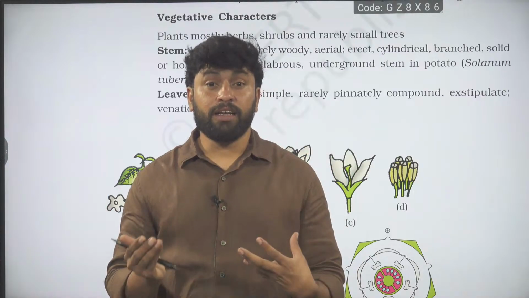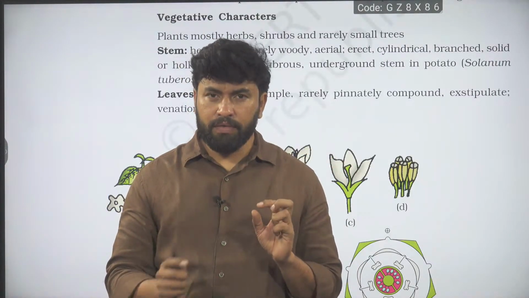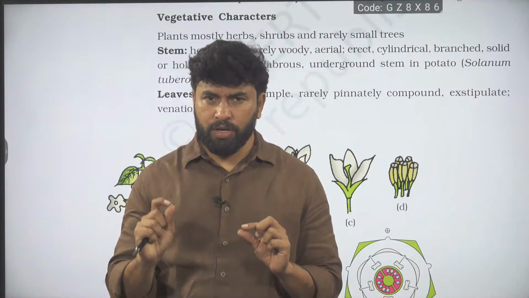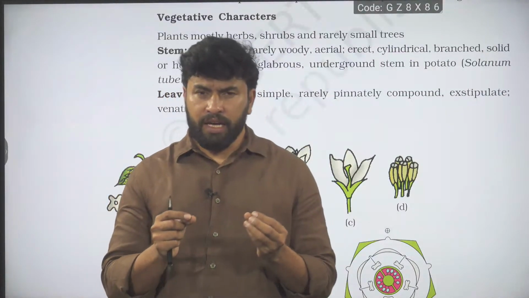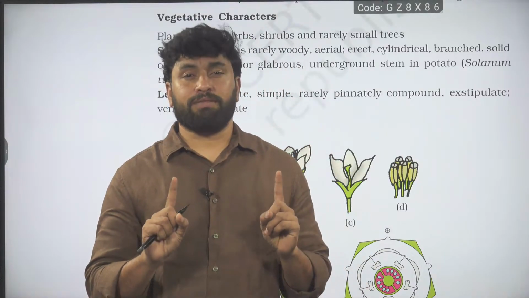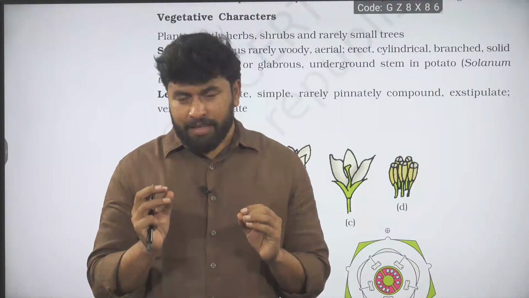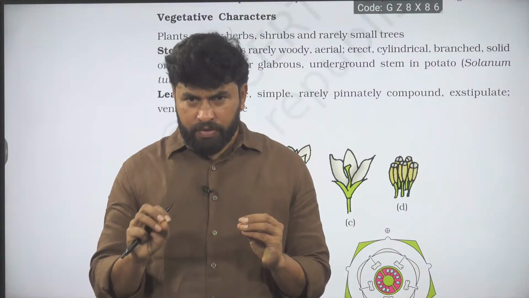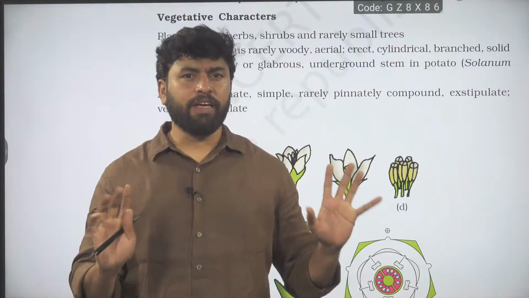They are called underground stems. Here, in most members of the potato family, so-called Solanaceae, stems are aerial. Rarely, stems are underground. Be careful. You say in potato the stem stores food under the ground. That's correct, but not the entire stem. Be very careful.